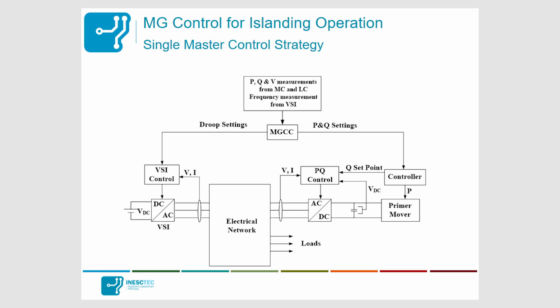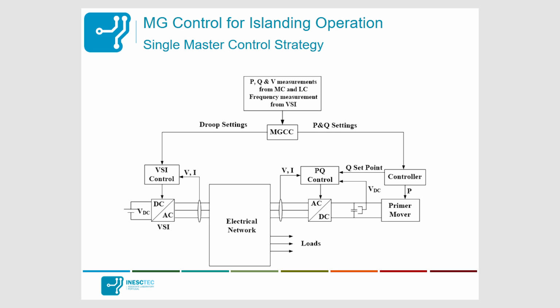Then we have to think about the way all these inverters are going to be operated and controlled. For that, we started by defining what we called a single master control strategy.